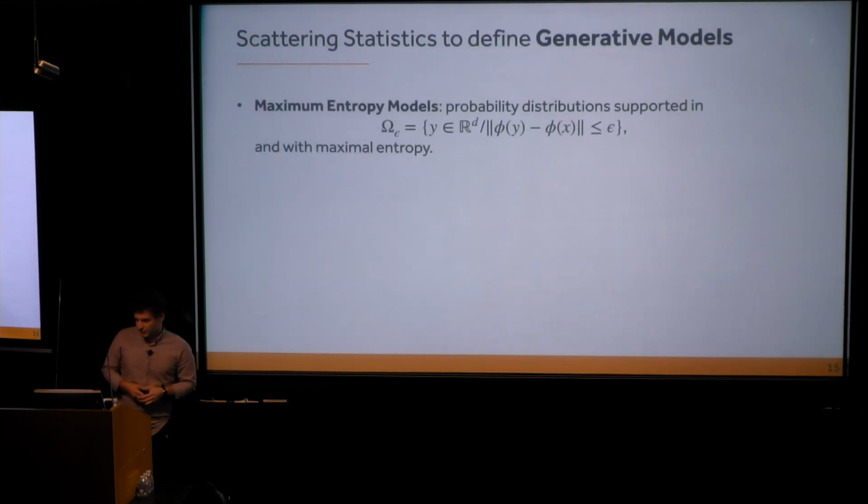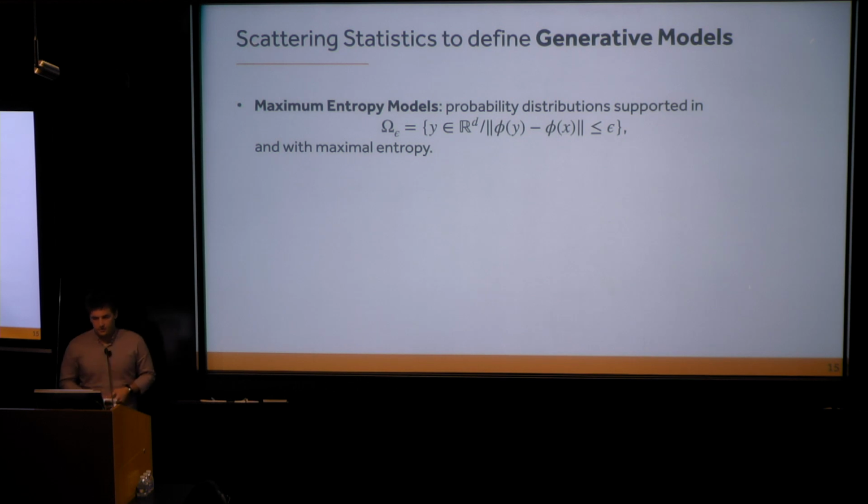So this was an example to describe your data, but this kind of statistics also helps you to define generative models. And what is quite interesting is that you can define generative models from a single example of your data.